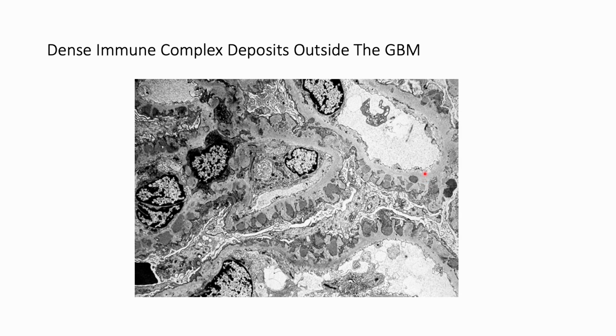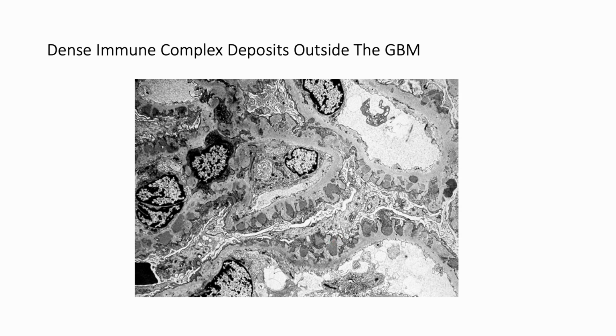This is the glomerular basement membrane. This is the epithelial side, the podocytes, and all these deposits. All of these are subepithelial. Here, here, here, here, here, here, etc. So you just orient yourself: this is the endothelial side, red blood cells, glomerular basement membrane, podocytes, and subepithelial deposits.